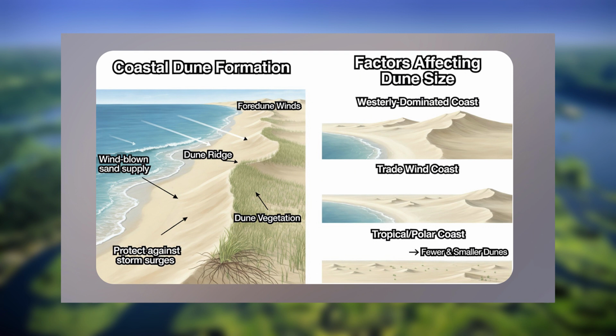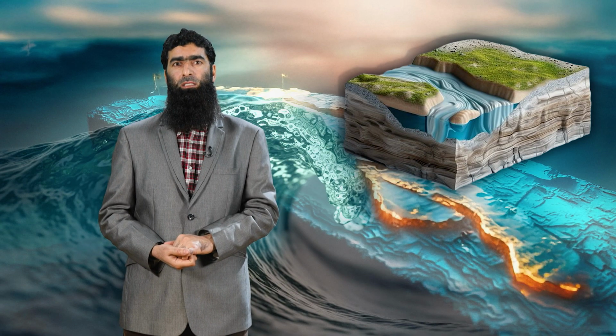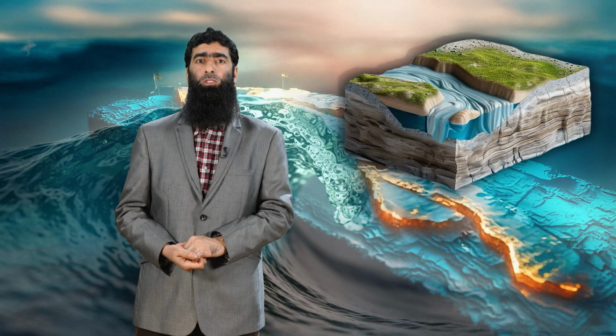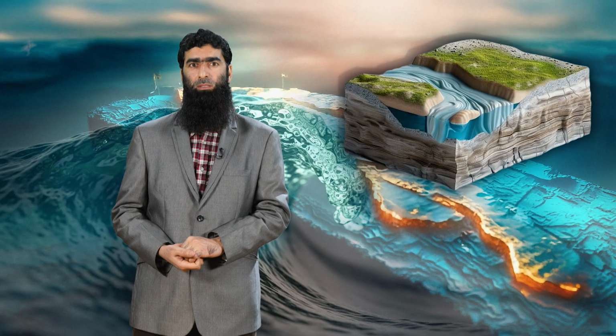When onshore winds pick up the loose sand from the beaches and deposit it at the edges protected from the waves and currents, dunes are formed. These act as barriers for high tides, big waves, and storm surges, and act as storehouses of sand for rebuilding beaches after storms.